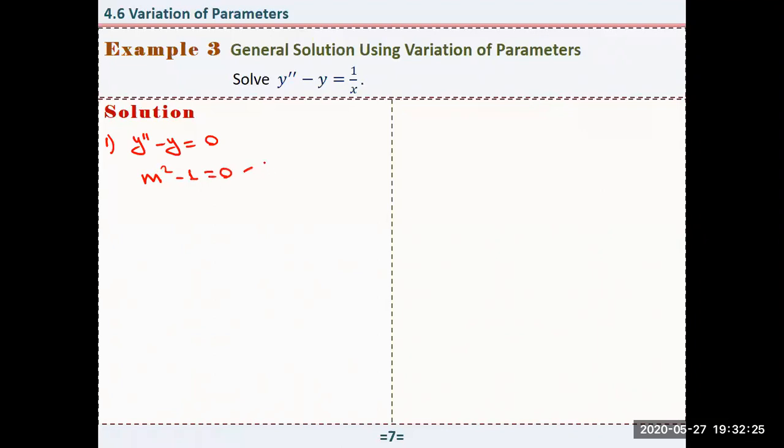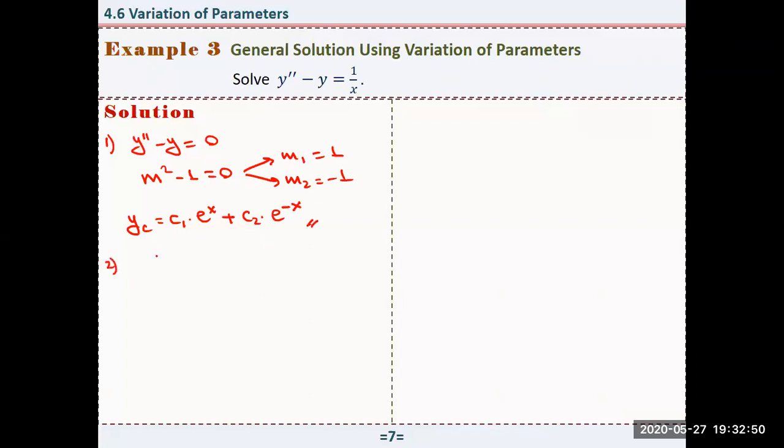Or from here, m sub 1 equals 1 and m sub 2 is equal to negative 1. So if we just write here the complementary solution, it will be c sub 1 times e to the power x plus c sub 2 times e to the power minus x, right?